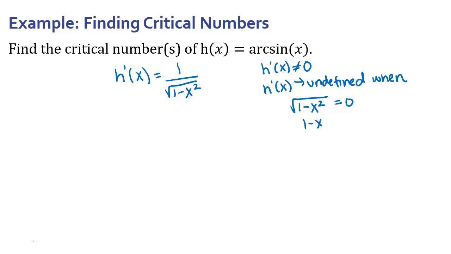So we'll be left with 1 minus x squared equals 0 squared, which is 0. Let's move that x squared over to the right-hand side, and then we'll square root. And don't forget, when you square root, it's always plus or minus. So we would say that there are critical numbers for this function at both +1 and -1.